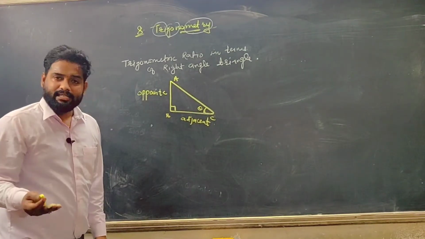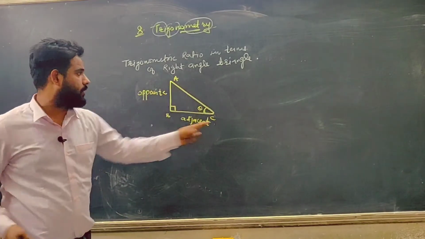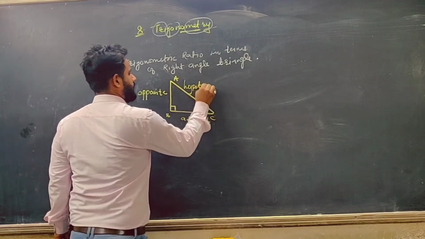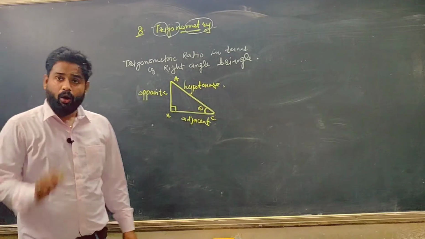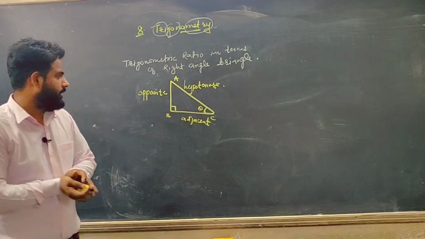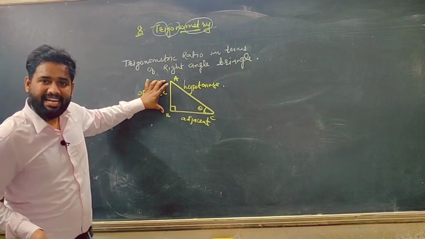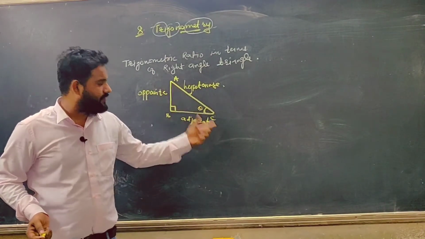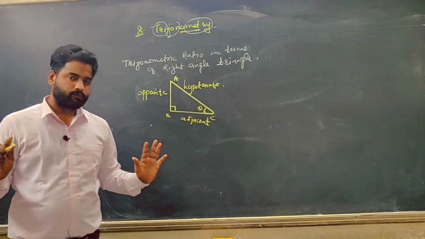And in every case, whether you take theta here or here, this will always be called the hypotenuse. The only change you will have, if you are considering this as theta, is that this side will be called the adjacent side and this side will be called the opposite side. But this will remain the hypotenuse. Make it very, very clear.